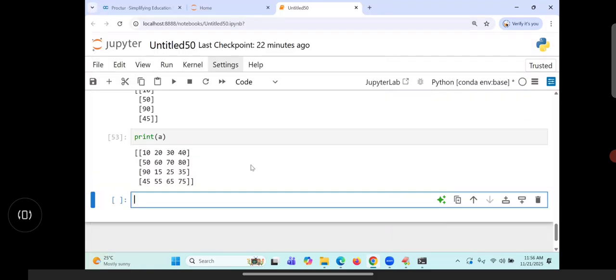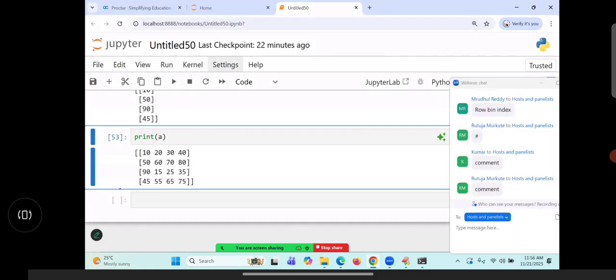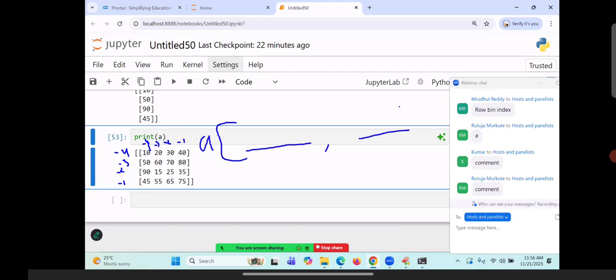Now I'm going to take up: -1, -2, -3, -4. This is called -1, -2, -3, -4. Very good. What is this portion of A? Row.